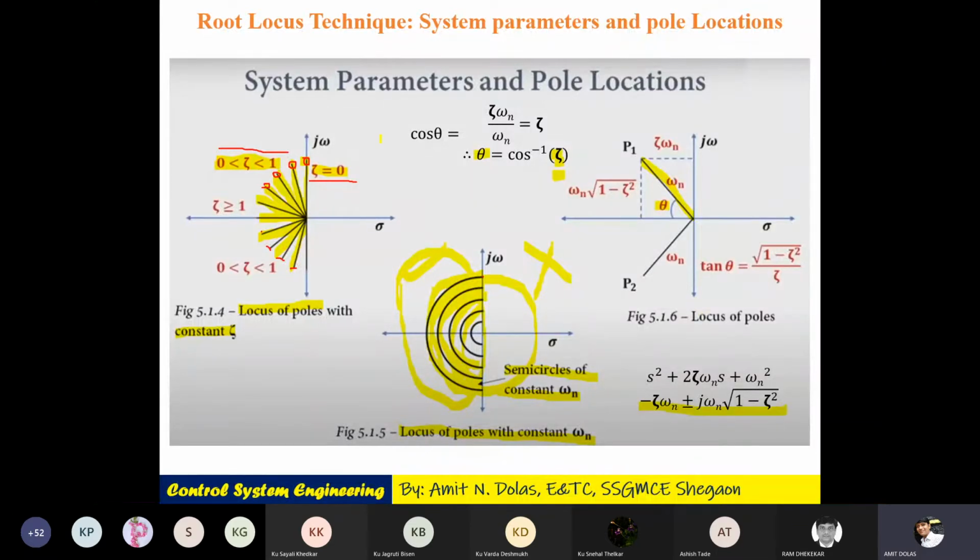So this is the importance of the root locus technique. And of course, by looking at the position of the pole, you can easily identify whether your system is close to the imaginary axis. If it is close to the imaginary axis, relative stability is less, because if there is a certain disturbance or noise or change in system parameter, it may jump into the unstable region.